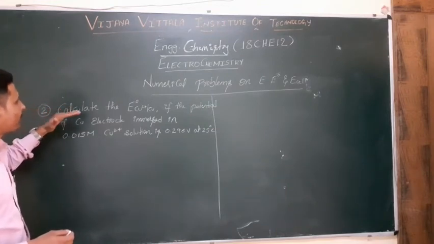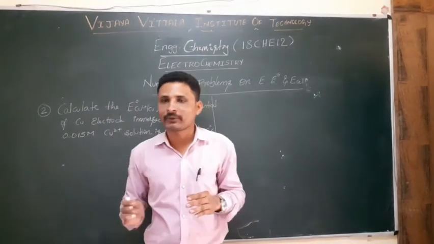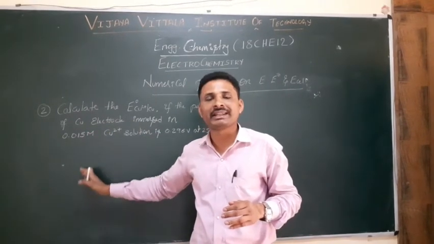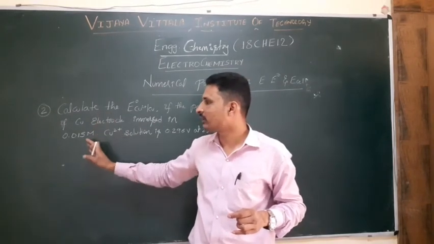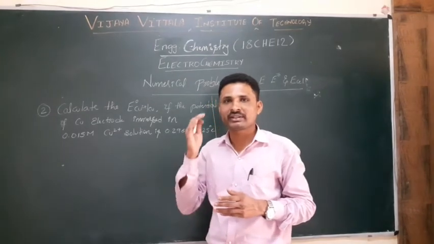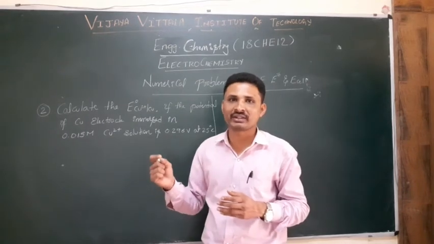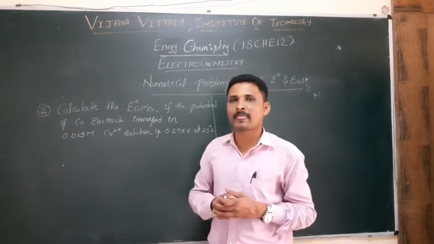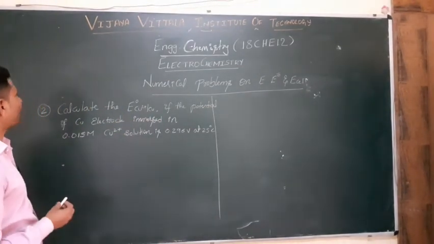Before solving the numerical problem, first read the numerical, and next write the given data by observing it. Then think of which hypothesis, formula or equation is suitable for calculating the required term. Right? So, I will read the numerical.